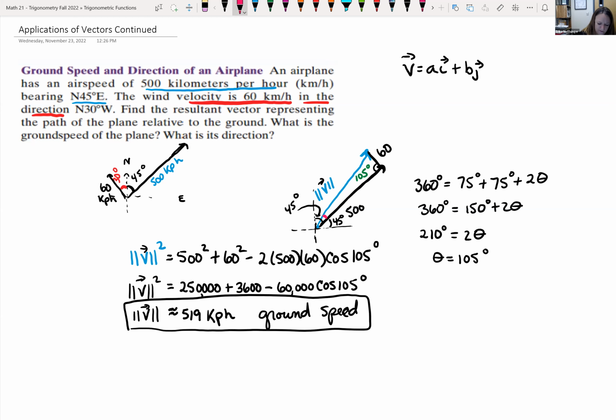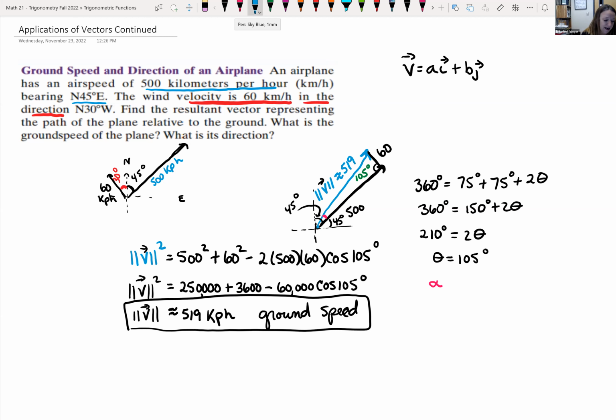Maybe let's call that alpha. So I know a side across from my angle, and I know an angle and a side across from it. So I just found that this vector v was approximately 519 kilometers per hour. So I know I can use the law of sines.